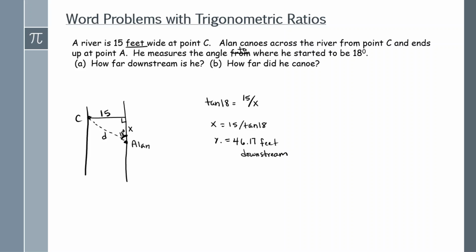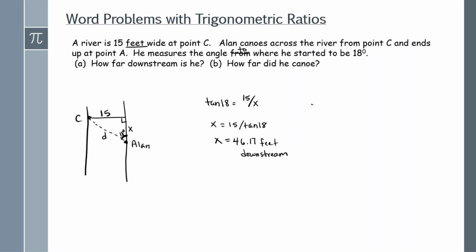Now to find D, I'm going to use this 18-degree angle again. I want to go ahead and use the 15, not the 46, because this 46.17 is rounded. It's not precise. So I do want to use the 15 if possible. So it's the opposite. The D is the hypotenuse.